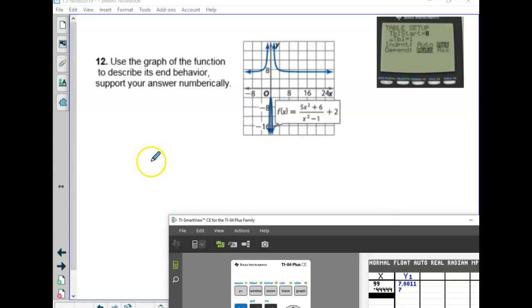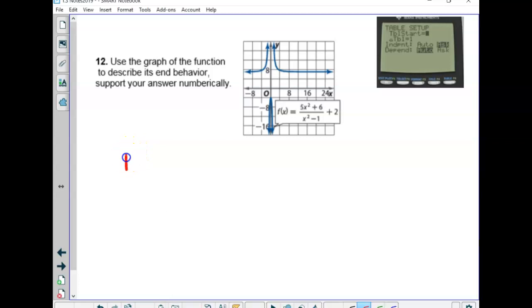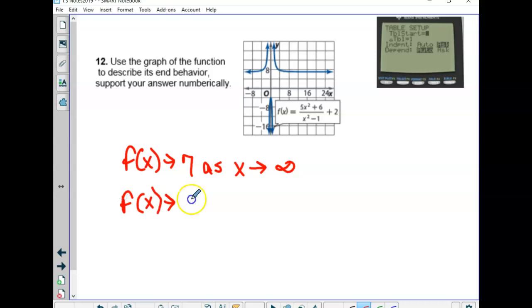How do I write that? f of x is approaching 7 as x approaches infinity, and f of x is approaching what on the left? Still 7, right, for the y value, as x approaches negative infinity.